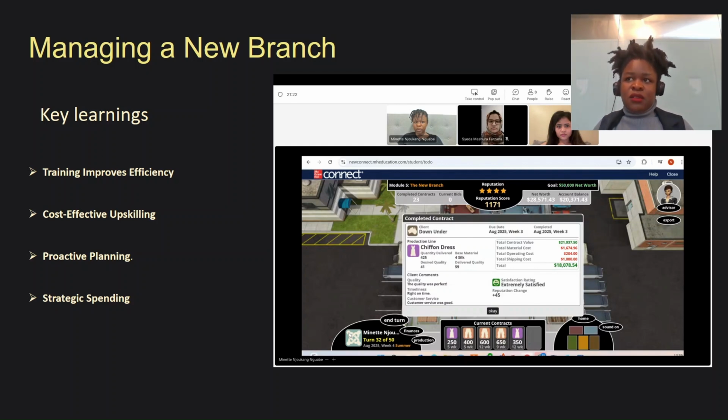It's better to spend an extra $500 to $600 to make $20,000, $18,000, like in the image on the slide, than to just sit and waste 2 weeks worth of production capacity because you want to prioritize low shipping cost. Those were the lessons learned from this particular module.